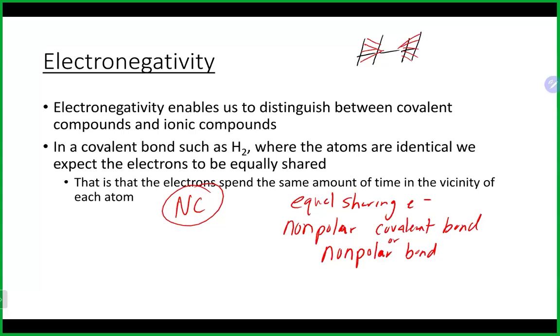Now, what would happen if I swap out one of the hydrogens for fluorine, for example? In this particular case, based on electronegativity values, which one is more electronegative? Fluorine is the most electronegative. So in this case the electrons are going to be more attracted to the fluorine side than the hydrogen side.